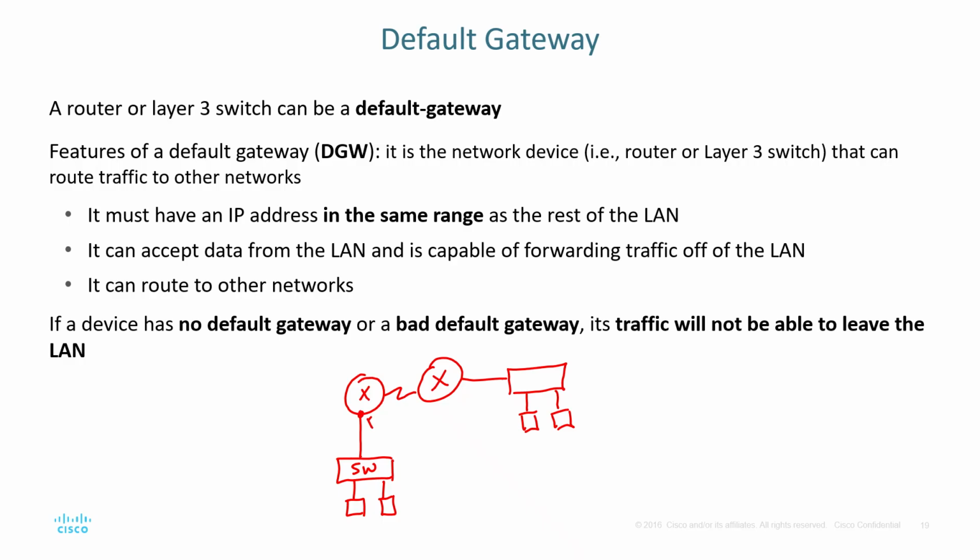Let's say it's Fa0/1. And on this side, this is my default gateway for this network.